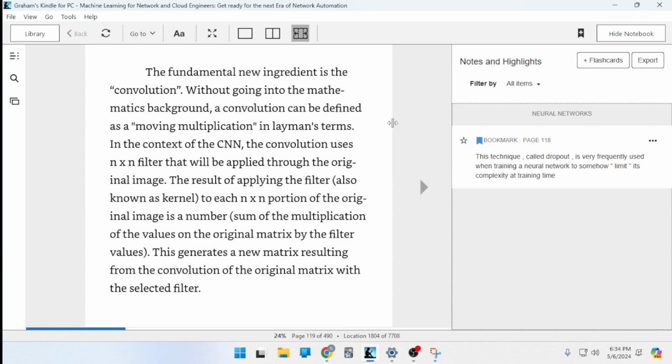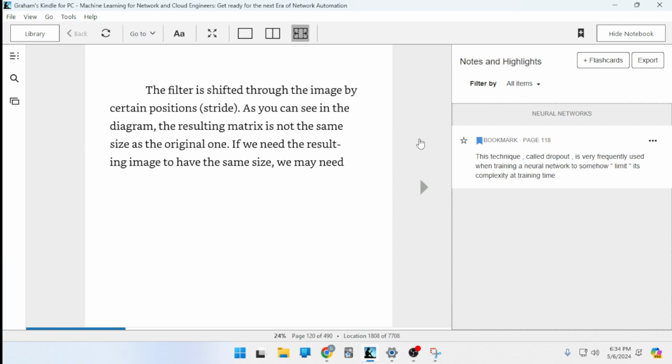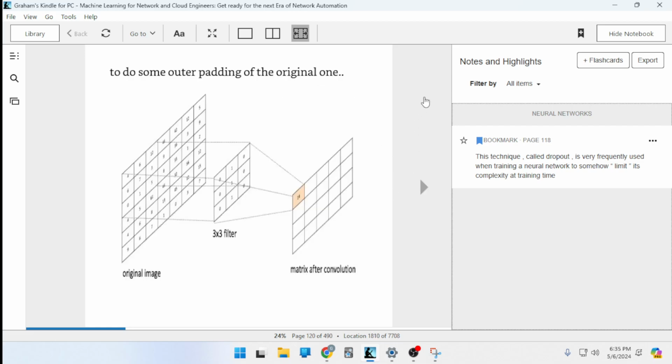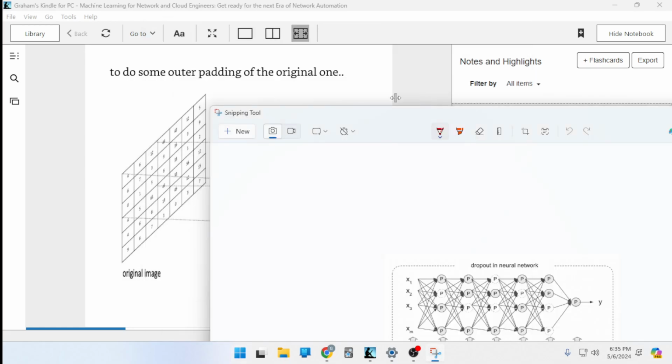This generates a new matrix resulting from the convolution of the original matrix with the selected filter. The filter is shifted through the image by certain positions, the stride. As you can see in the diagram, the resulting matrix is not the same size as the original one. If we need the resulting image to have the same size, we may need to do some outer padding of the original one.